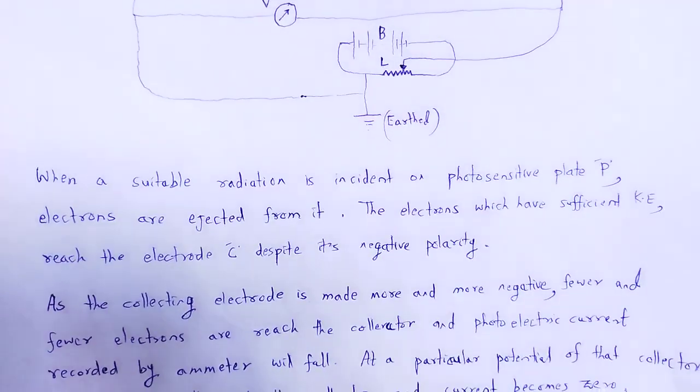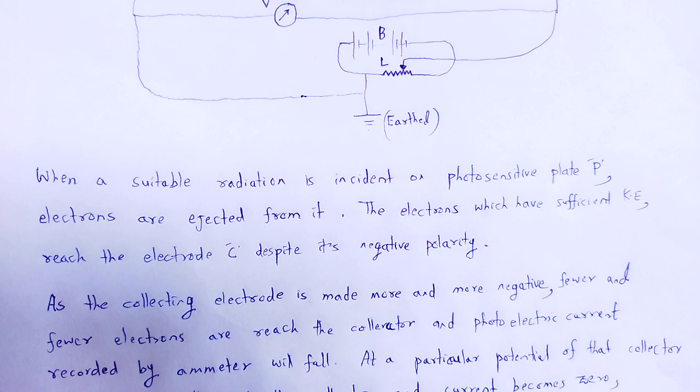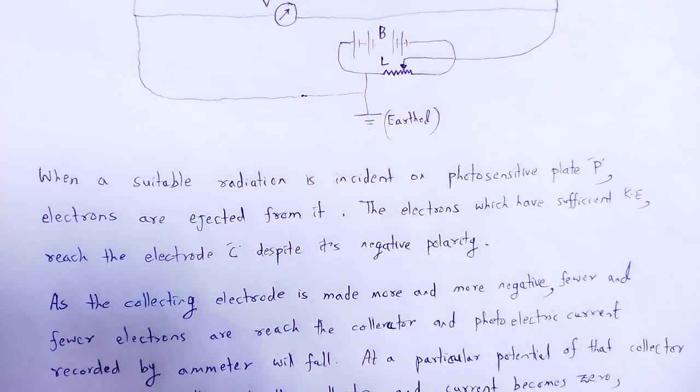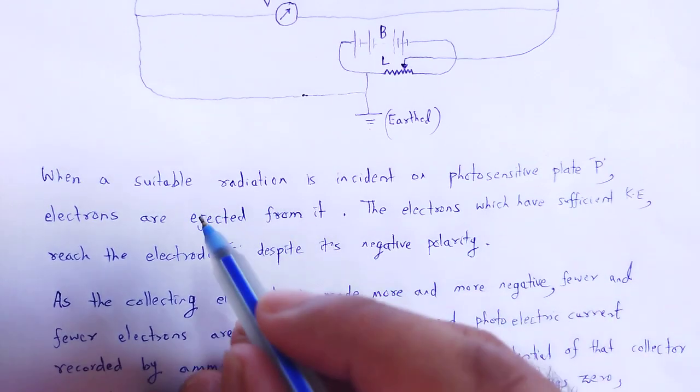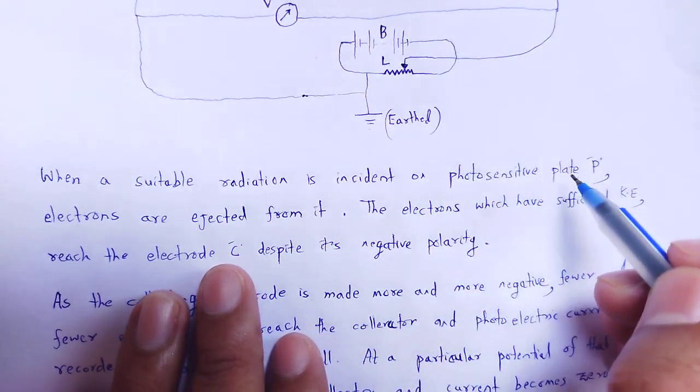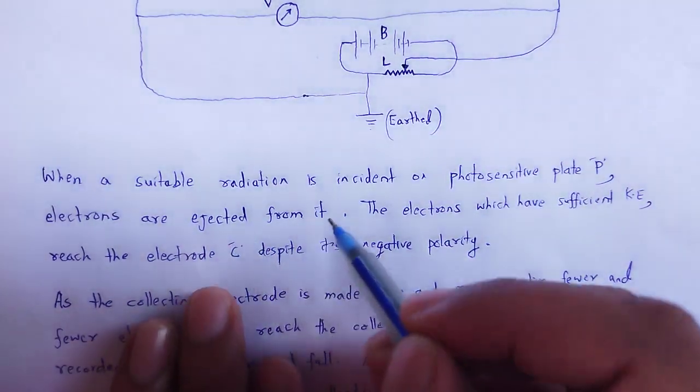Next, come to the working scenario. What happens in the experimental setup? When a suitable radiation is incident on photosensitive plate P, electrons are ejected from it.